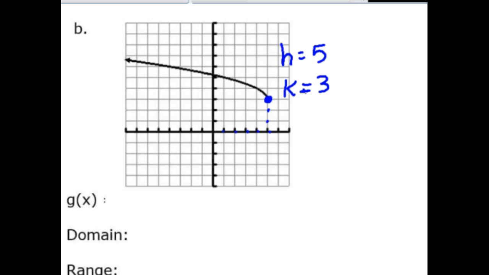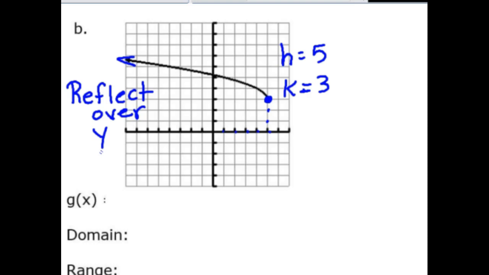The parent graph points right, and this one's pointing left, so it got reflected, but it didn't get reflected over the x-axis. This one reflects over the y-axis because it flipped over this way and it's pointing to the left.